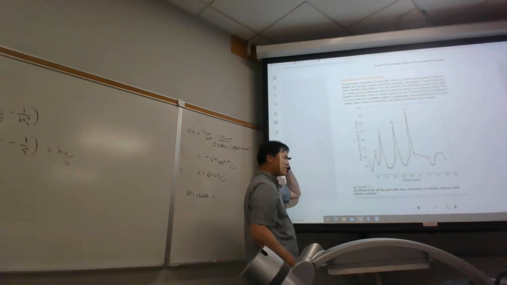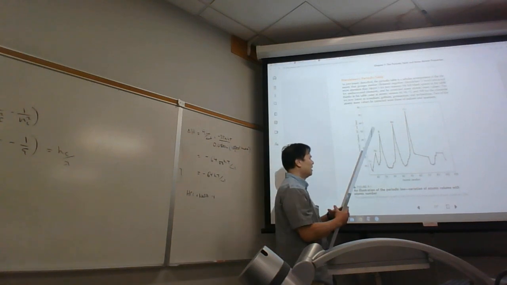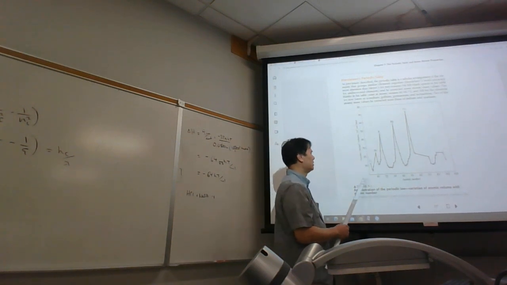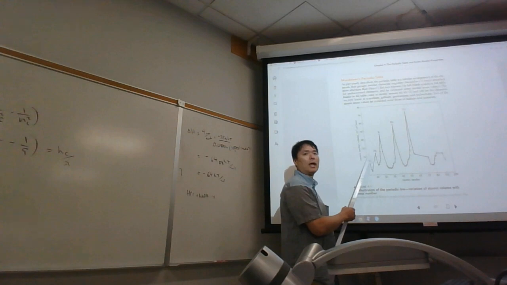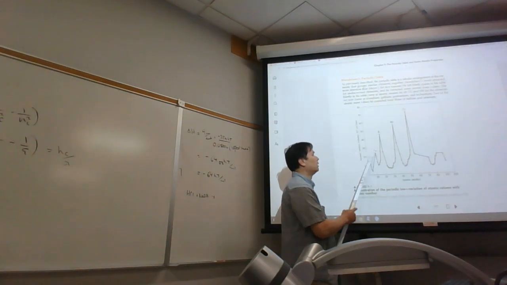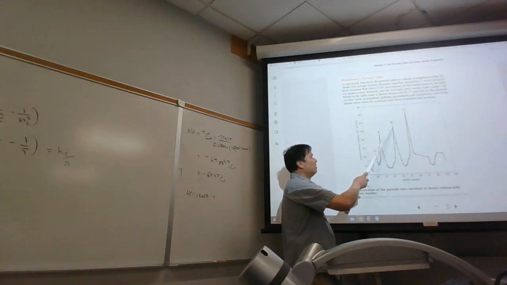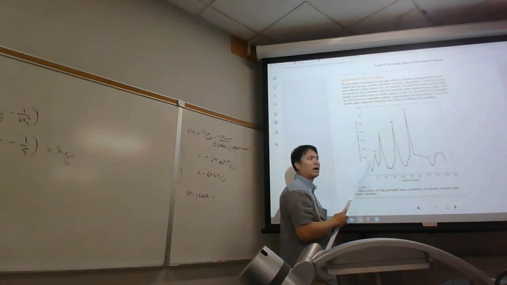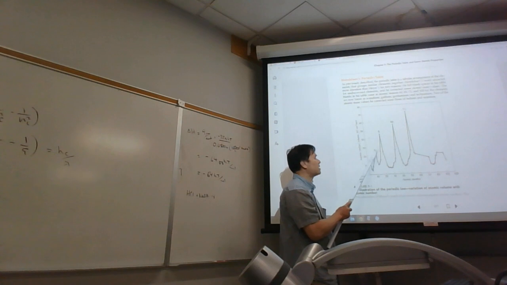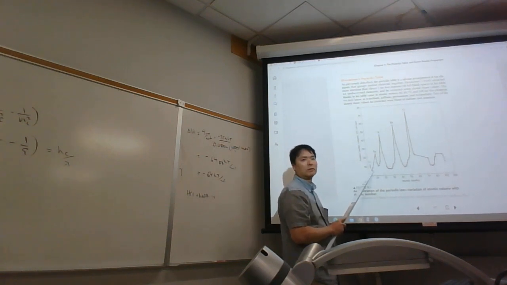What elements have the highest atomic volume? The atoms that have the highest atomic volume are in the lower left. Actually, all on the left side of the periodic table, we have bigger volumes. And then as we go to the right side of the periodic table, the volume gets smaller.